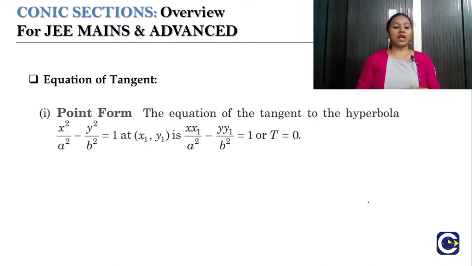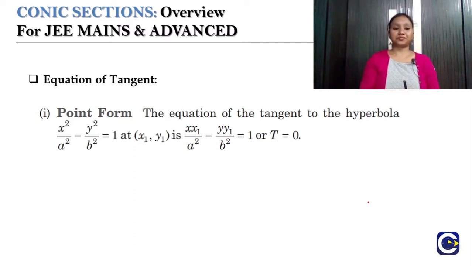Now that we have seen the chord and the different forms of equations of the chord, let's jump into our next concept, when the point lies on the hyperbola. Initially we saw that when it lies outside the section, we could draw the chord.